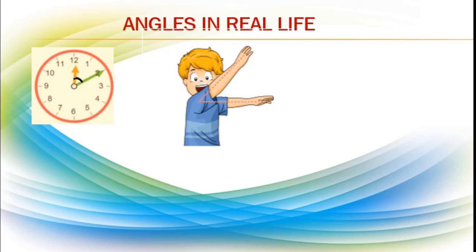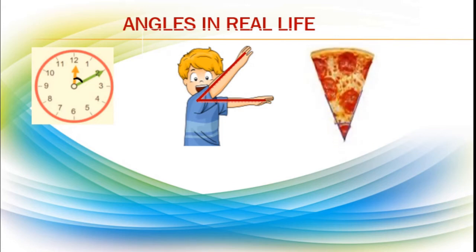Now here also this boy's hands, see the position, less than 90 degrees, correct? See the piece of a pizza and the angle formed, less than 90. See the stapler, and here also an angle is formed. See this compass, see the angle between the two hands.